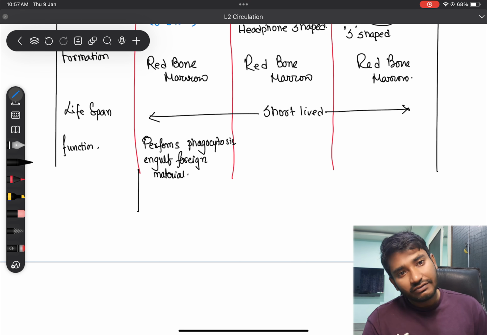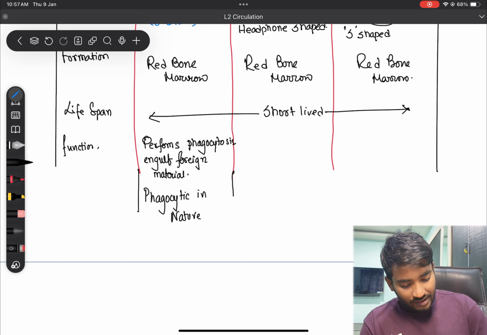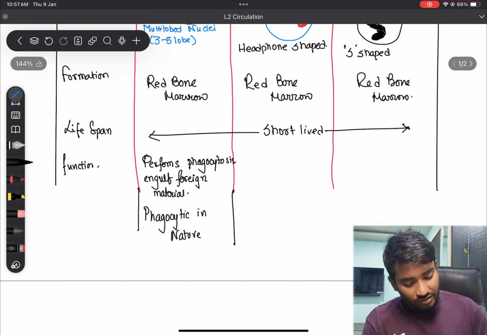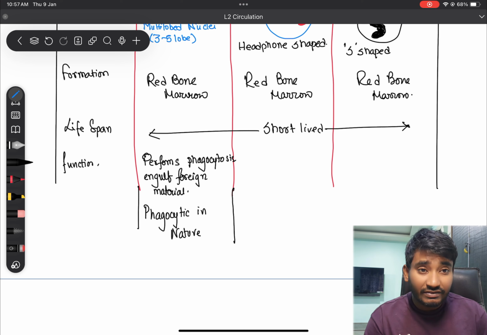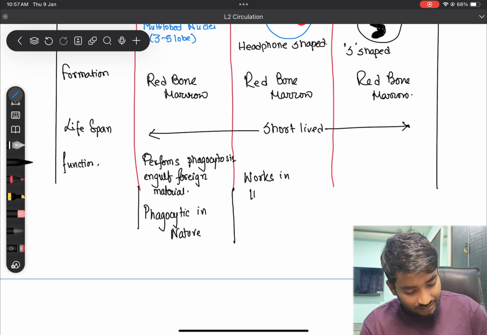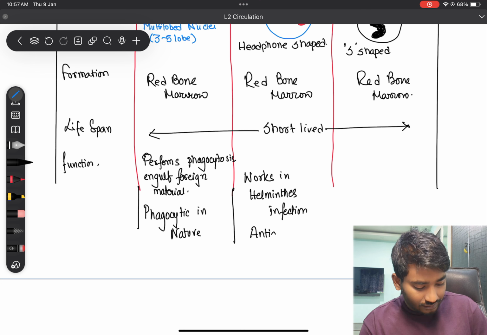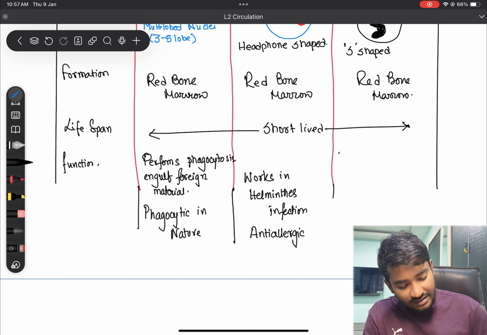The eosinophil works in parasitic infection, that is helminthes infection. It is also called anti-allergic.